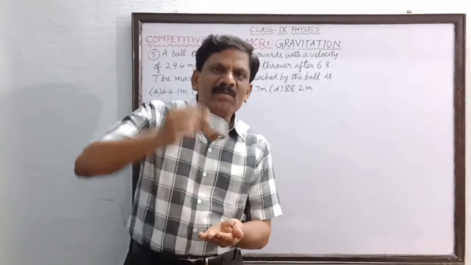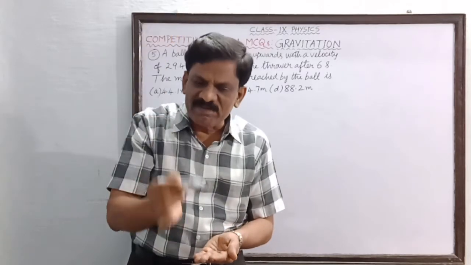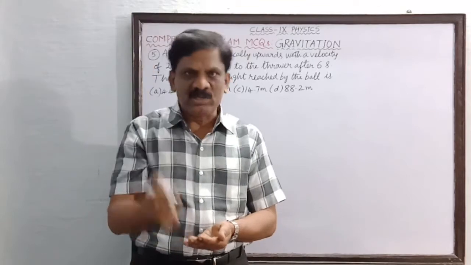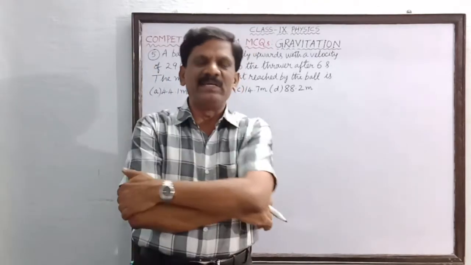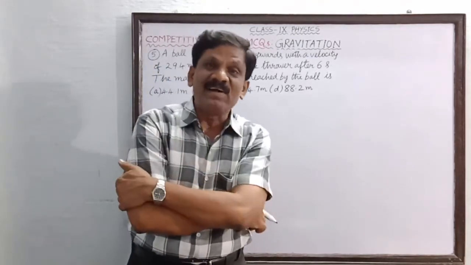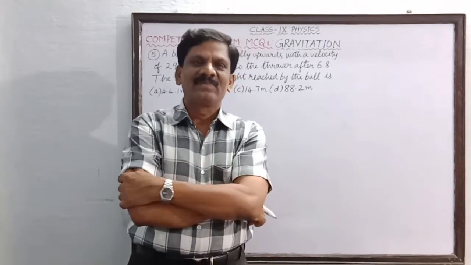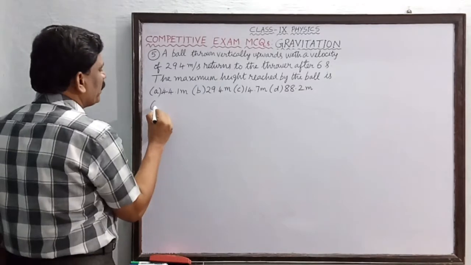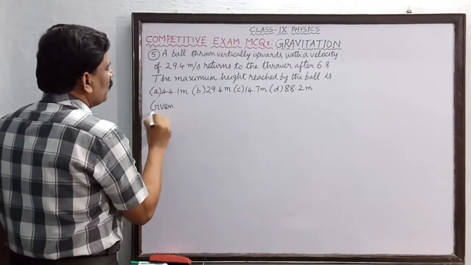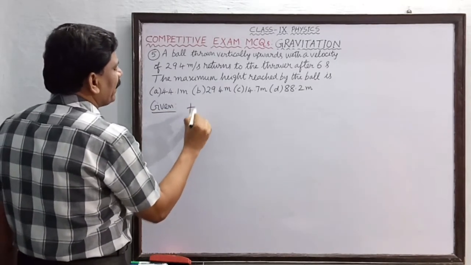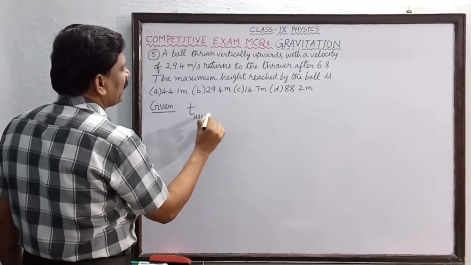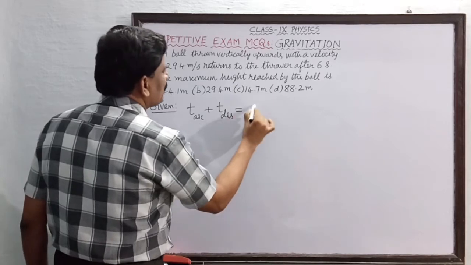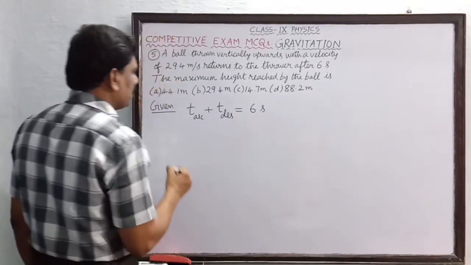So, the time of ascent plus time of descent, that is the total time taken by the ball to come back to the thrower itself, is 6 seconds. Means what should be the time of ascent? Half of 6, that is 3 seconds. So what is given here? Time of ascent plus time of descent is equal to 6 seconds.